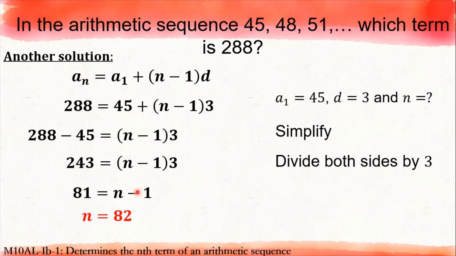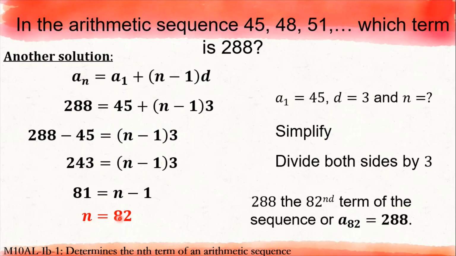So, pag nilipat natin si minus 1 to the other side of the equation, we have 81 plus 1. So, n is still equal to 82. So, the 82nd term is 288, or a sub 82 is equal to 288.